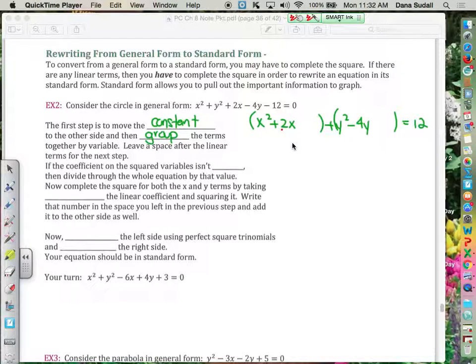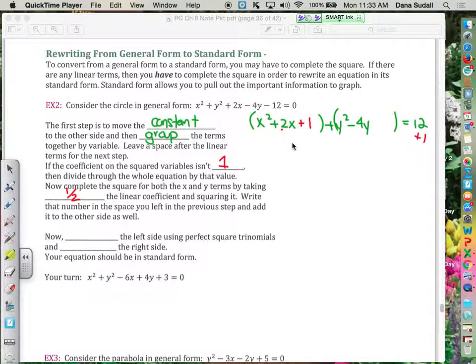If the coefficient of the squared variable isn't 1, then divide the whole equation through by that value. It is. Now we're going to complete the square for both the x and y terms by taking 1/2 the linear coefficient and squaring it. So 1/2 of 2 would be 1. 1 squared is 1. Since I added 1 to the left, I have to add 1 to the right.